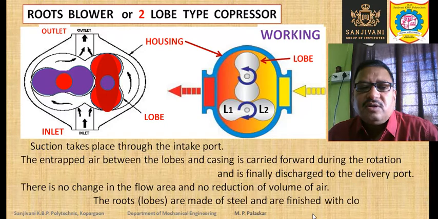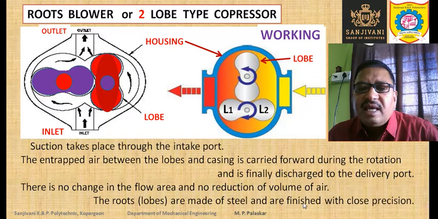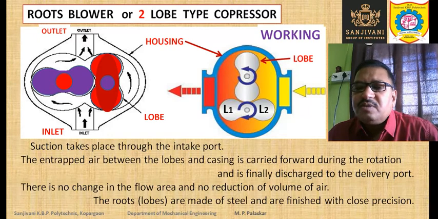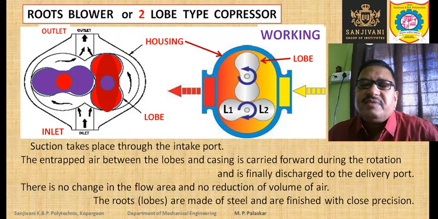The roots or the lobes are made up of steel and are finished with close precision. So these lobes have a high finishing and they are manufactured with close tolerance. Accurately they are manufactured with close precision. They are manufactured so that there is a very correct clearance between the lobes and the casing.